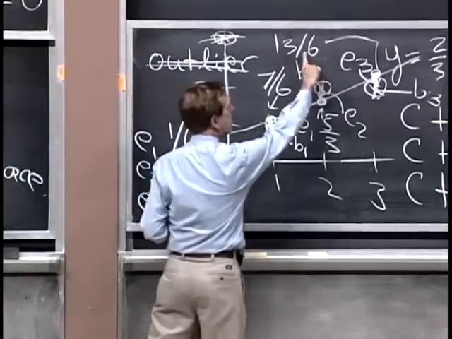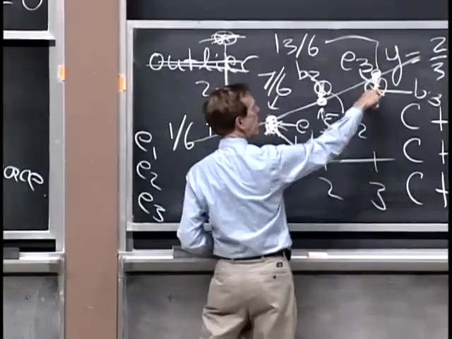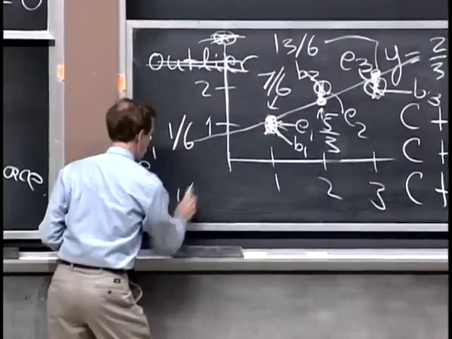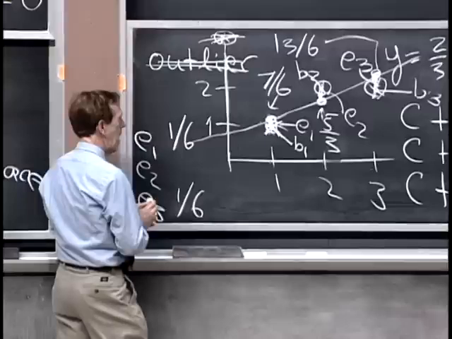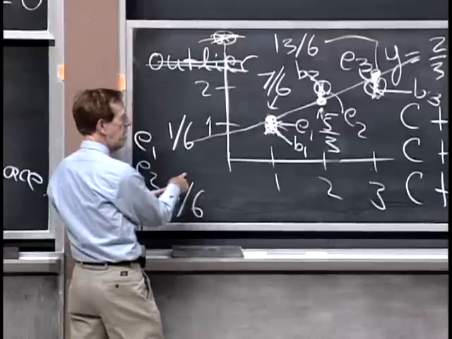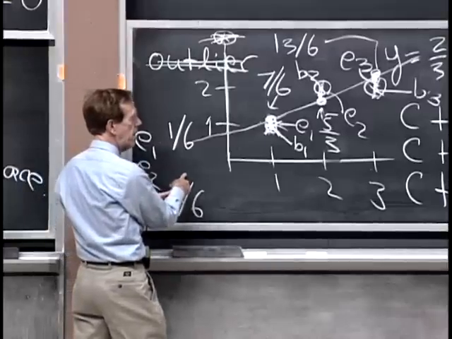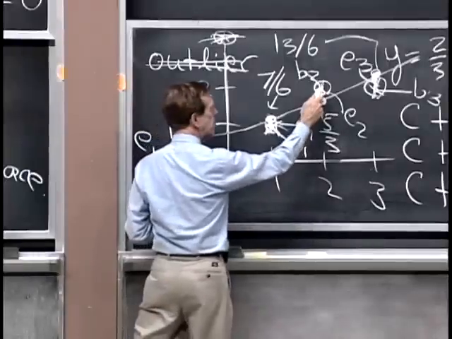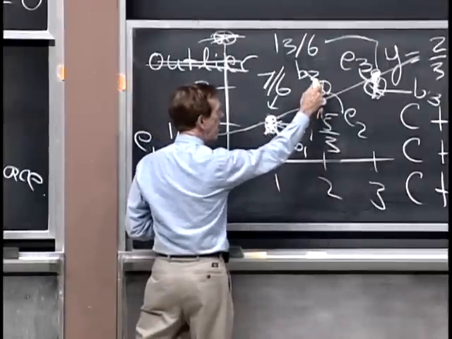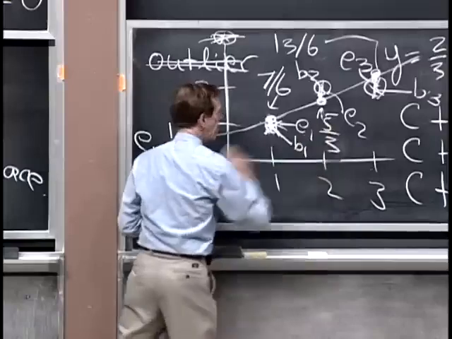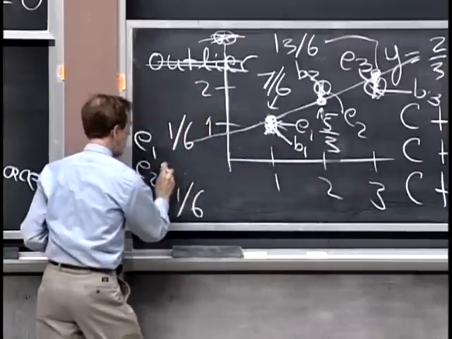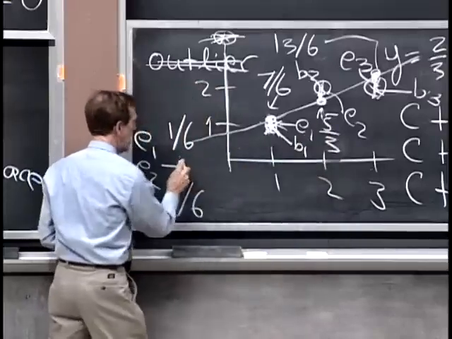And the last error, 13/6 minus the correct 2 is 1/6 again. And what's this error in the middle? Let's see, the correct answer was 2. And we got 5/3, and it's the other direction, minus 1/3, minus 2/6.